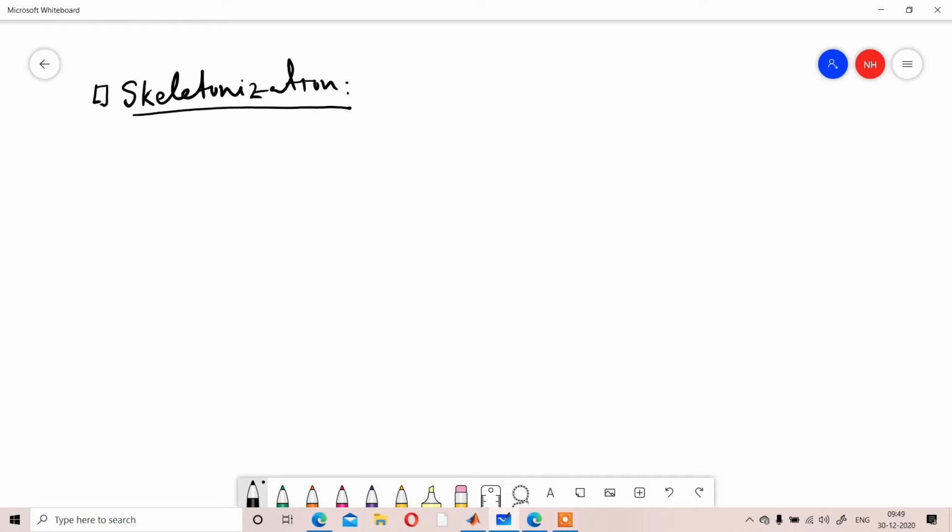What happens in skeletonization? Suppose you have one leaf, all of you have seen a leaf. If we operate the skeletonization operation, it will give you that result.